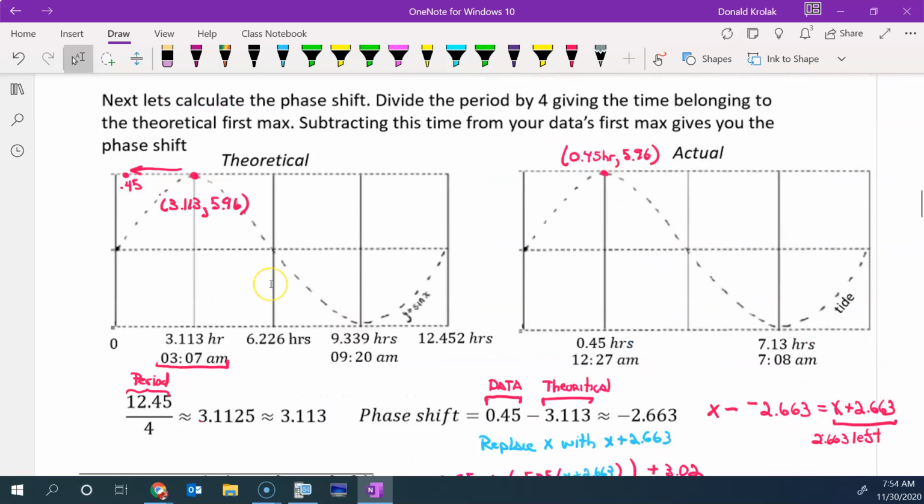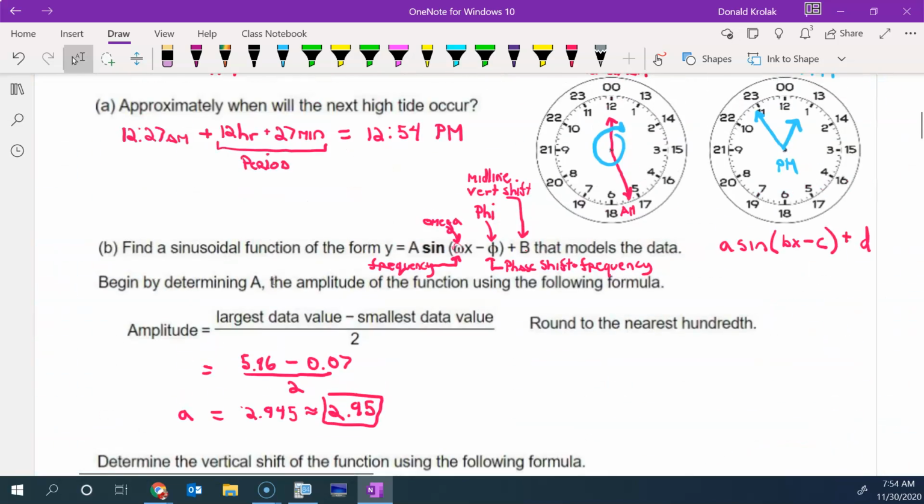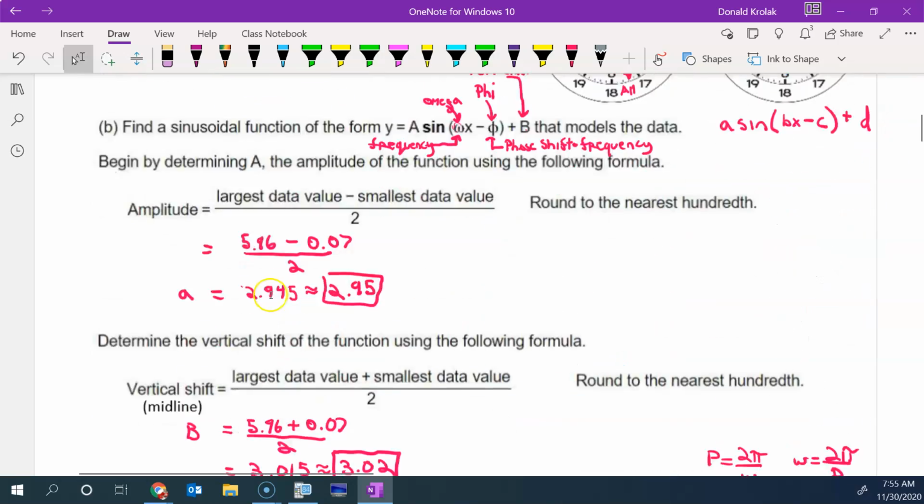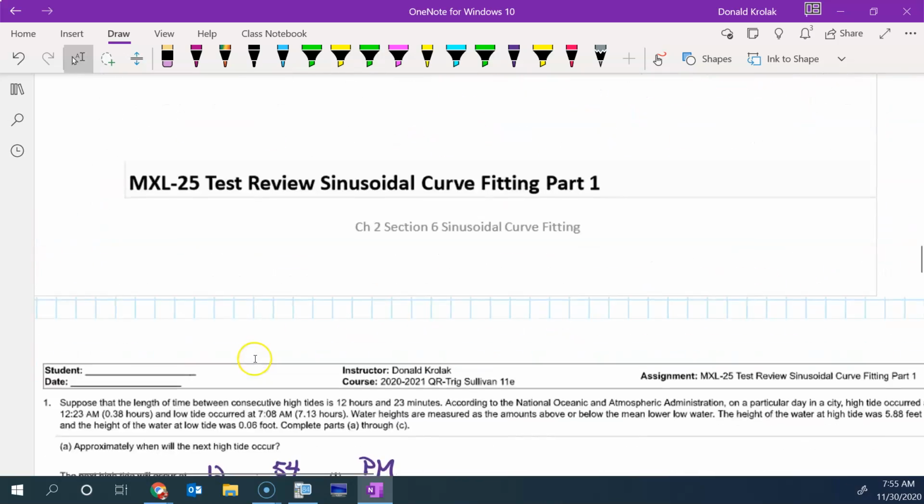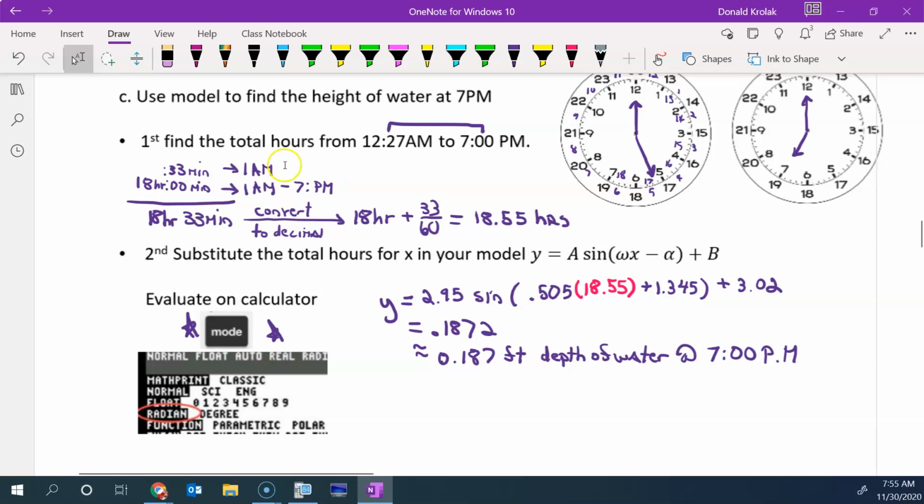And there you have it, guys. Okay. Questions on where any of these numbers came from? Did I do something you're not quite sure of?